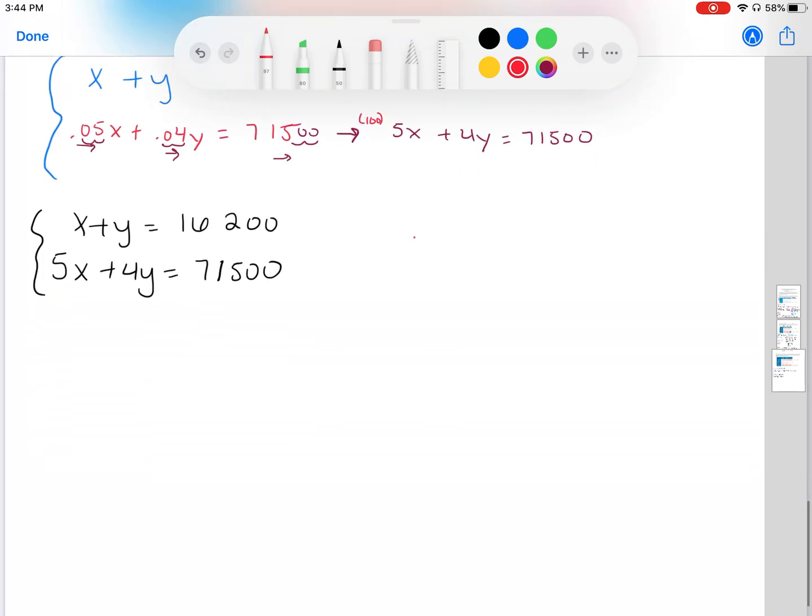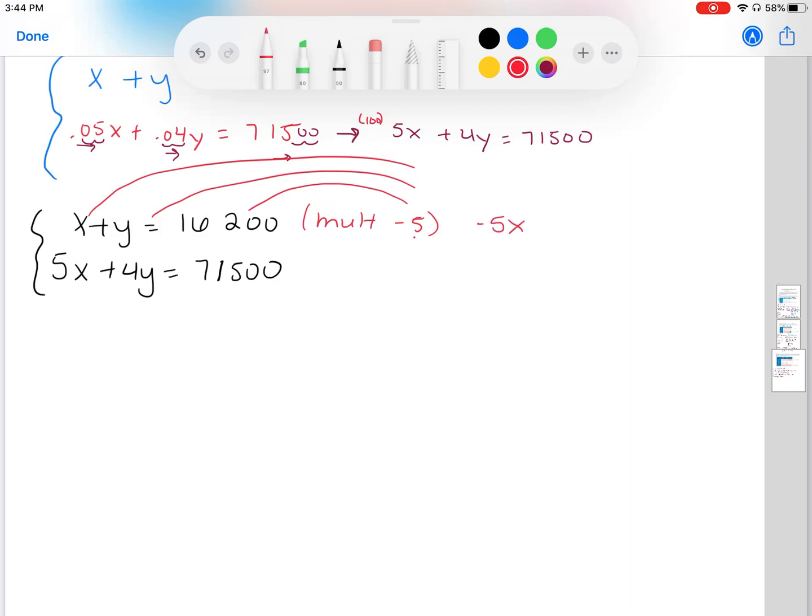Okay, let's go ahead and solve. I'm going to do elimination this time. Remember, elimination is another option. I want to get rid of that 5, so let's multiply that first equation by negative 5. I have to be very careful because I make so many mistakes.